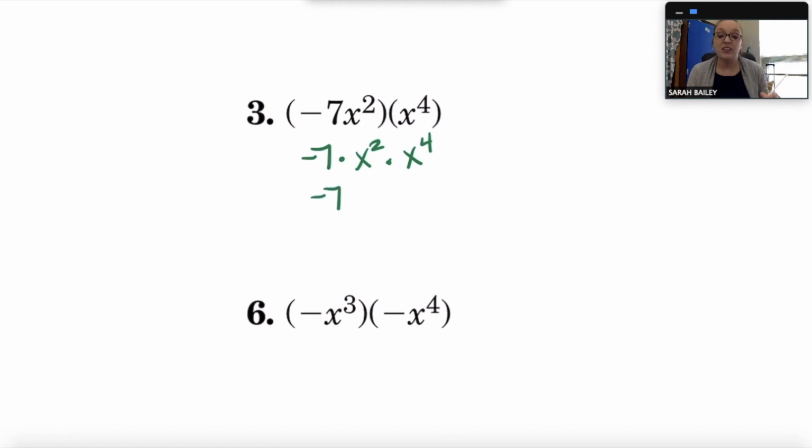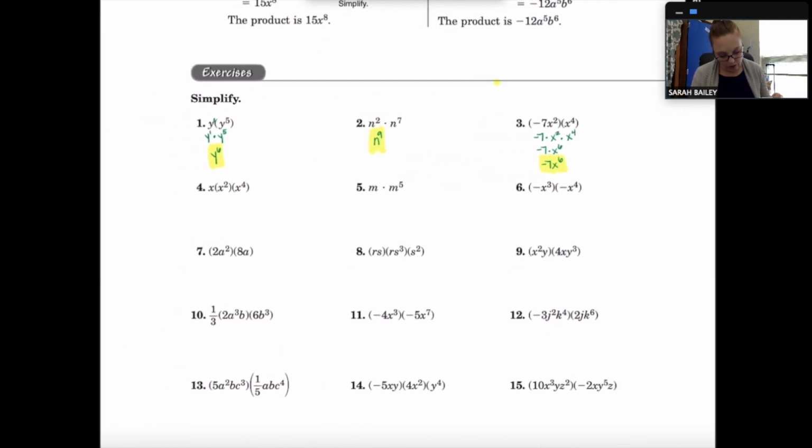So when I do x squared times x to the 4th, that would be x to the 6th power. So my final answer here is negative 7 x to the 6th. The x is being taken to the 6th power, not the negative 7.